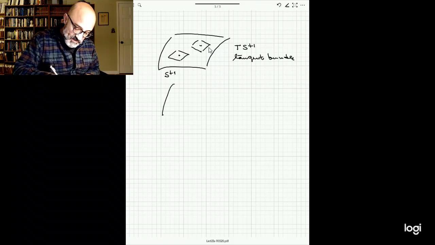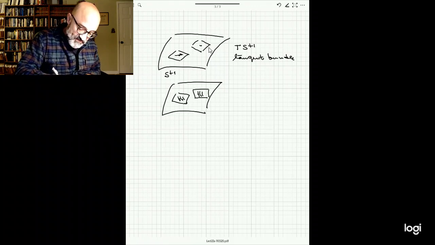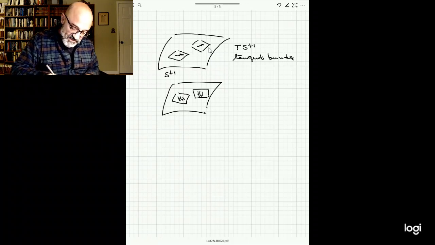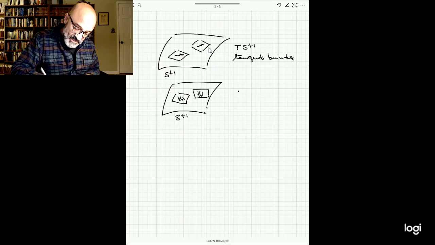And most importantly, we're going to deal also with the space of covectors, not just vectors, but the space of covectors. So if this is TS_{n+1}, we're going to have T*S_{n+1}, which is the cotangent bundle.